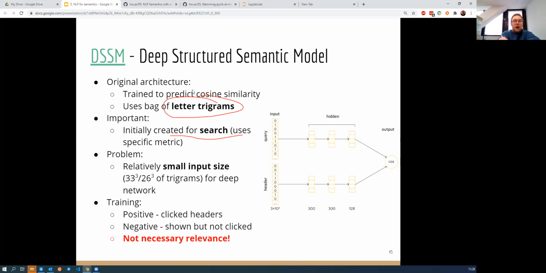Microsoft, when they were designing Bing, and then Yandex, when they improved the model, said that if we want to do search, let's train on the search task, not just build some embeddings and then try to benefit from them. Let's try to solve the problem of search.